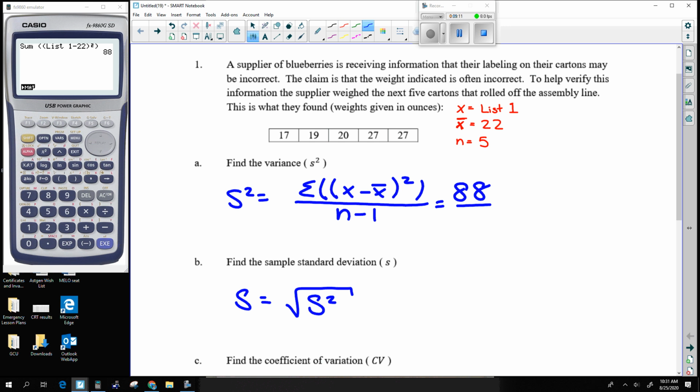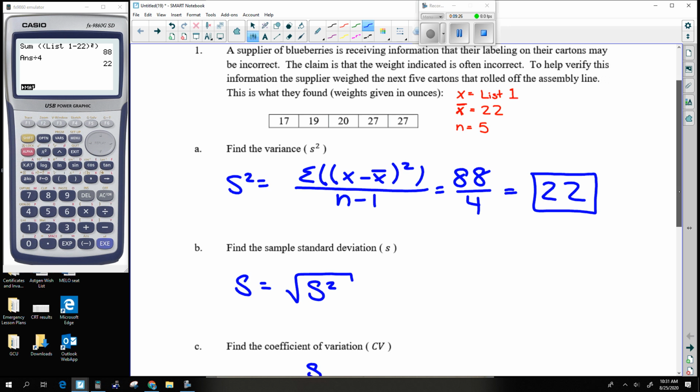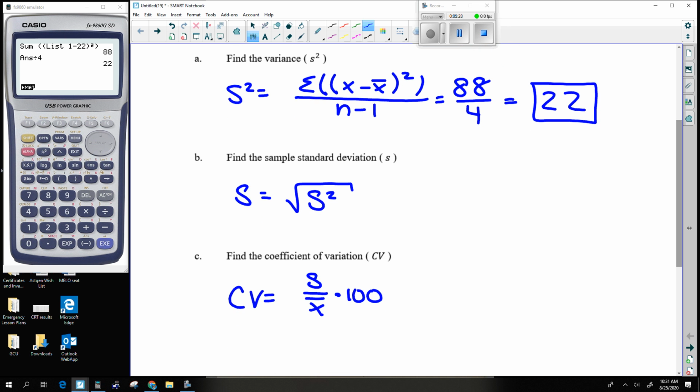The denominator is n minus 1. So this variance is 22. So S, this is part B. The standard deviation, S, is the square root of S squared.